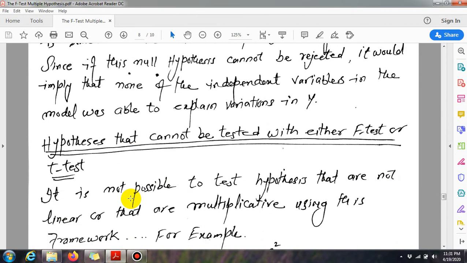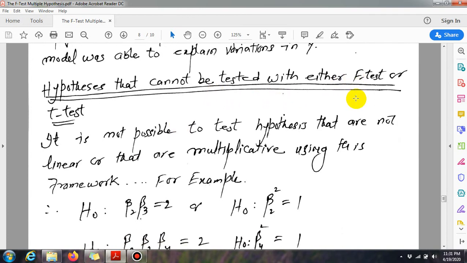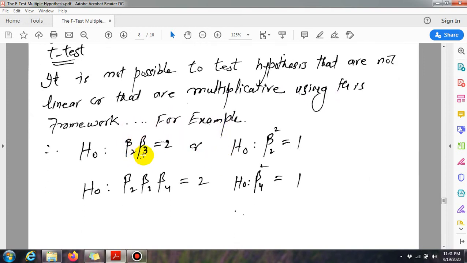Okay, hypotheses that cannot be tested with either an F test or a T test. It is not possible to test hypotheses that are not linear or that are multiplicative using this framework. For example, if you have a null hypothesis like beta 2 beta 3 is equal to 2, or beta 2 squared is equal to 1, or beta 2 beta 3 beta 4 is equal to 0, or beta 4 squared is equal to 1.